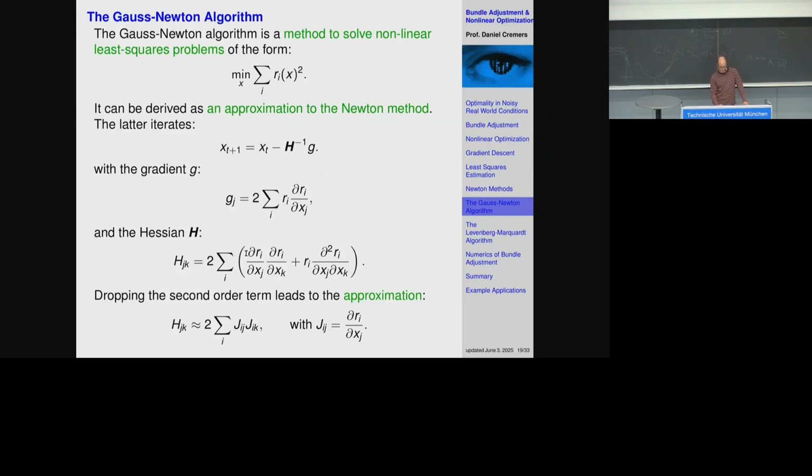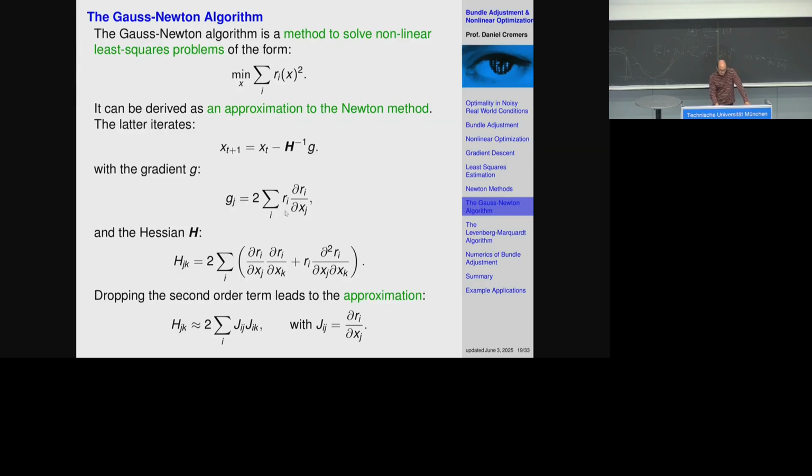So that would be the second derivative matrix. So we take Gj and take the derivative with respect to xk. And so Hjk, the component of the Hessian matrix, is the derivative with respect to j, and then derived again with respect to k.